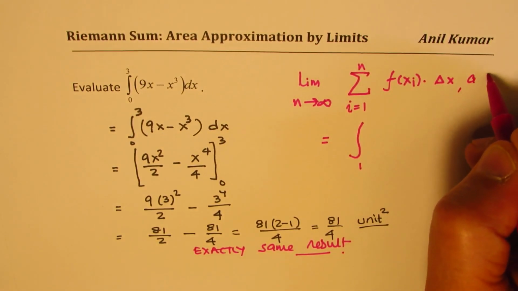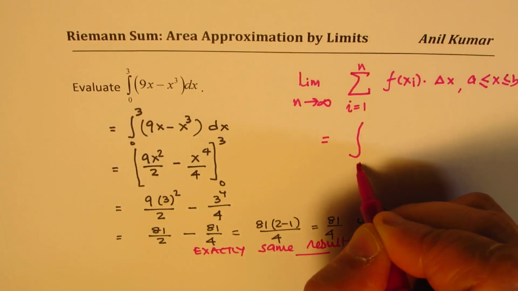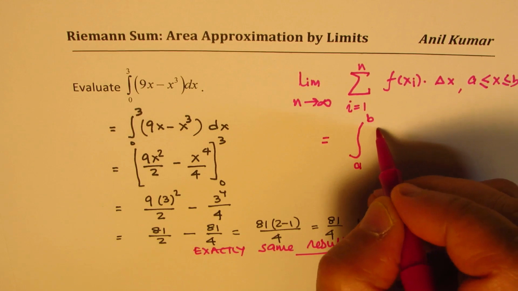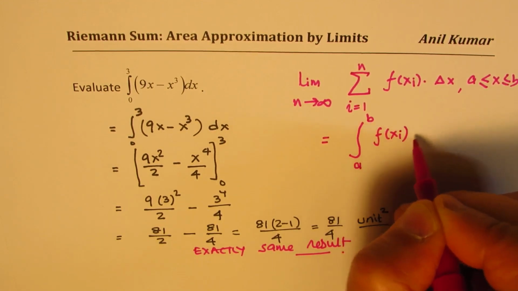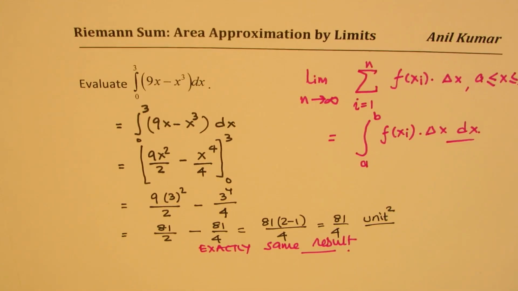Say the interval is from a to b, for example. In general, we can write the integral from a to b of f of x dx. So this formula works, right? So that is a great connection between the limits and the definite integrals. And of course, definite integrals is a much simpler way of finding the area under the curve. So I hope the concept is clear to you.